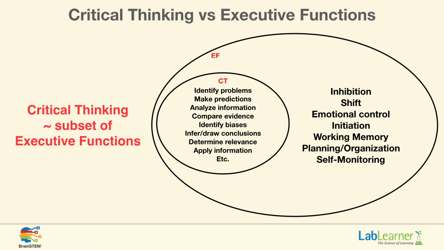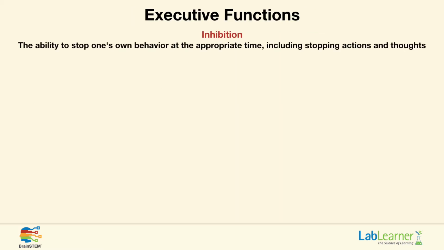Keep this partial list of critical thinking attributes in mind as we discuss the 7 subdomains of executive functions that we're going to talk about, beginning here. And we'll start with inhibition.